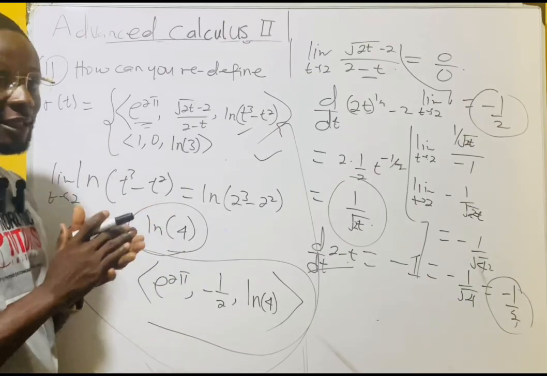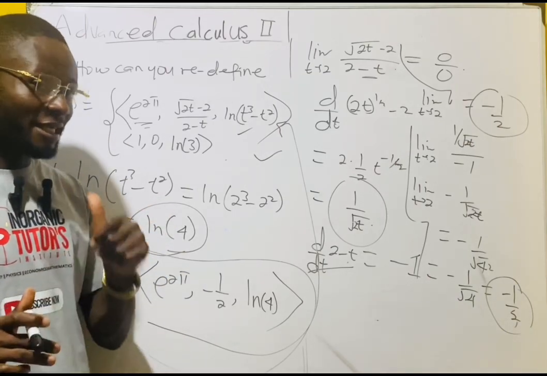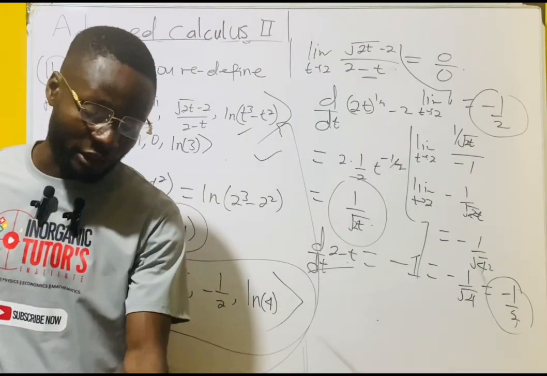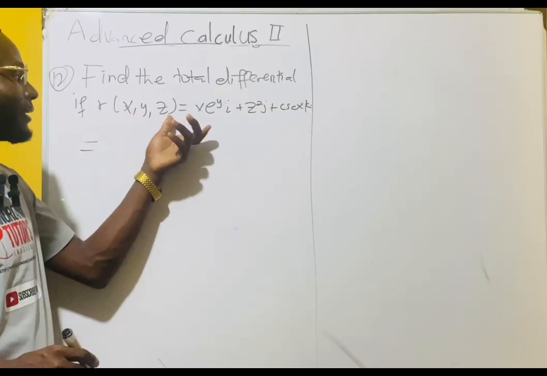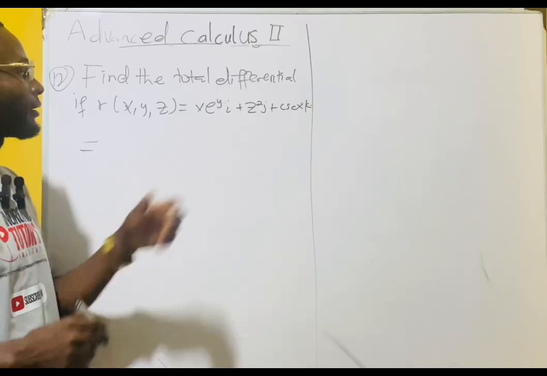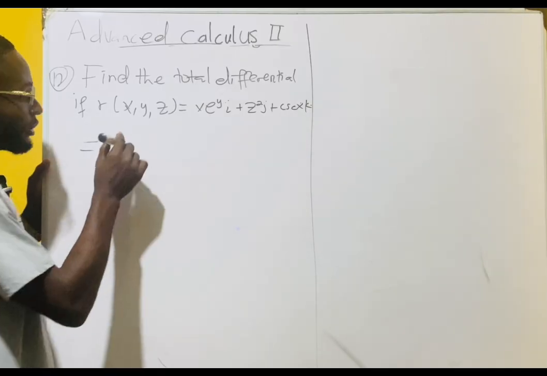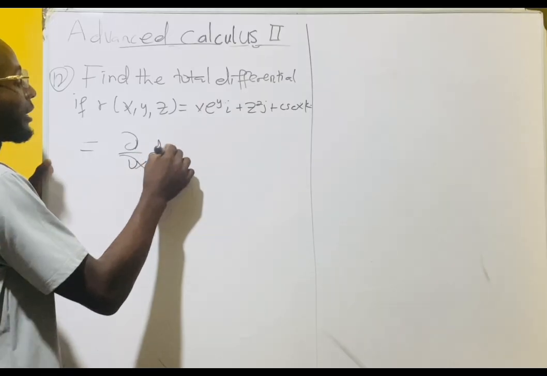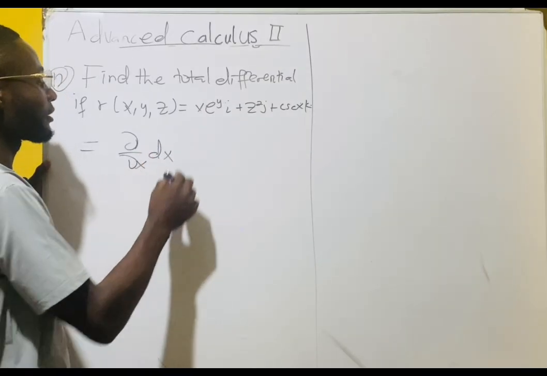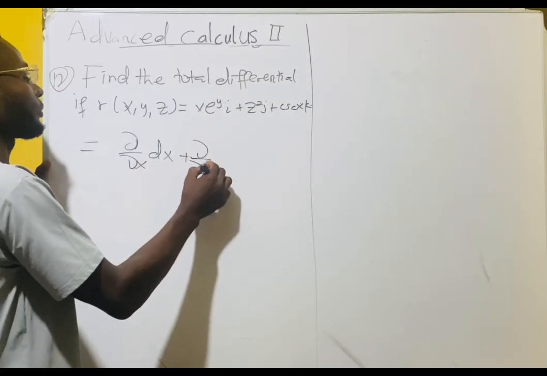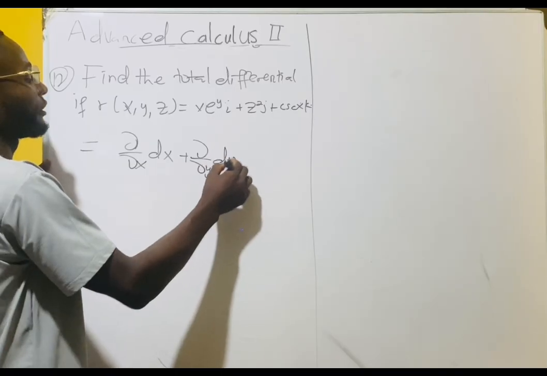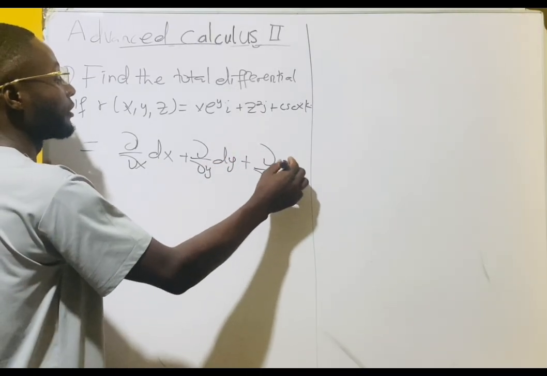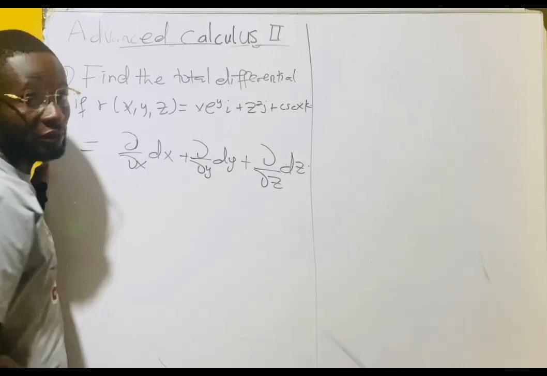So that is the end of question number 11. Now let's move on to question number 12 and look at how we can deal with it if r of x, y, and z is equal to this function. You know that for the total differential, you have to differentiate partially with respect to x times the full differential of x, plus partial with respect to y times the full differential of y, plus partial with respect to z times the full differential of z.